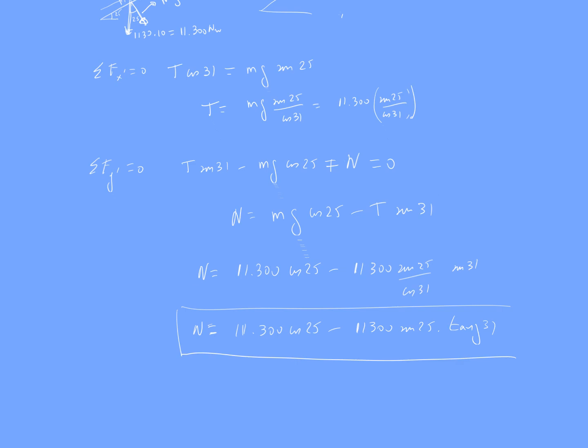So the normal force is 11,300 cosine of 25 minus 11,300 sine of 25 times sine over cosine, which is tangent of 31. And this is the result. Of course, you need to use your calculator to find what the normal is. The normal force you will find, and you will find here what the tension is, exactly the correct number.